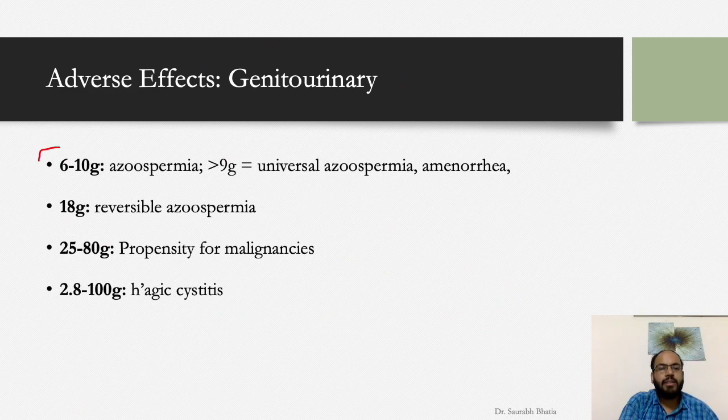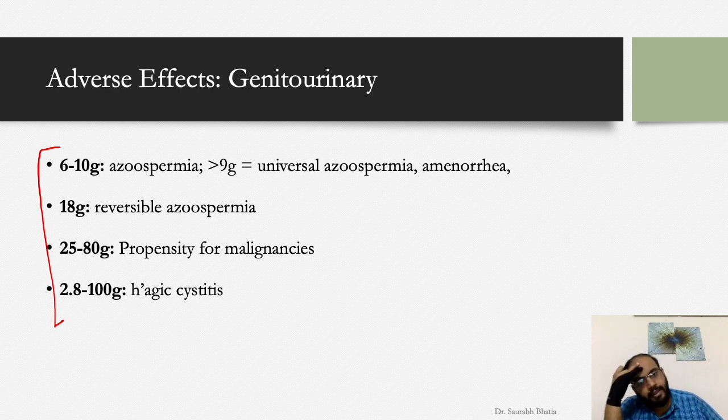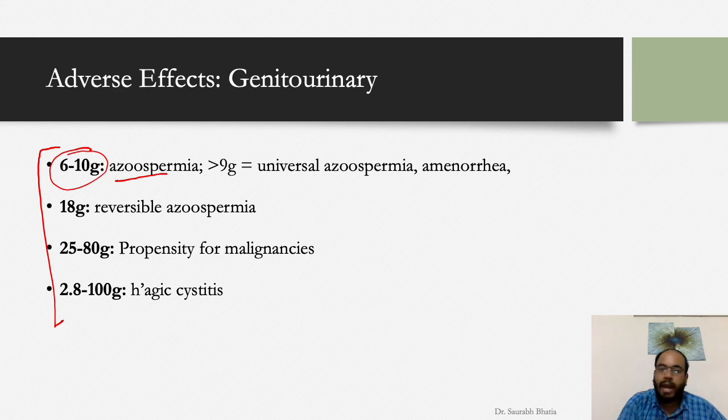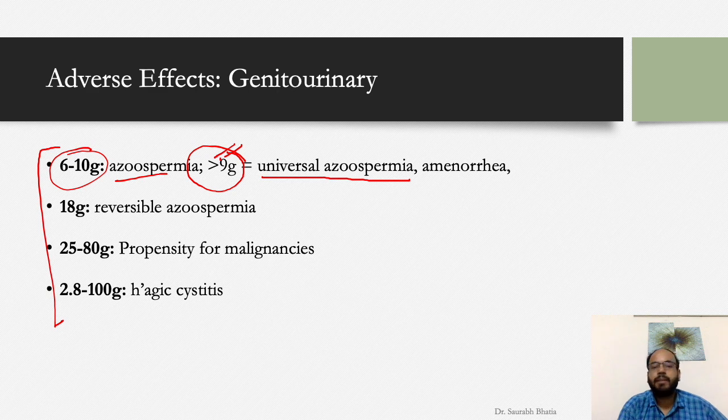Now, these are the dose cutoffs for various side effects, as described in various literature. 6 to 10 gram has been linked with azoospermia, and I remember during my residency, greater than 9 gram is associated with universal azoospermia. That means in all patients, if they achieve a dose of more than 9 gram, azoospermia is seen.